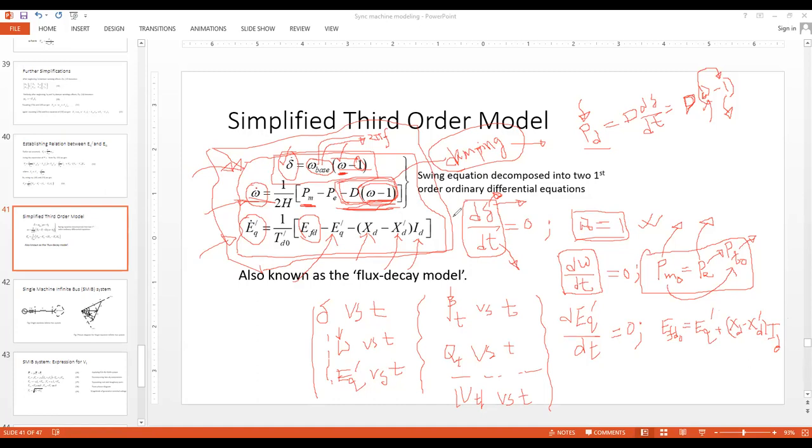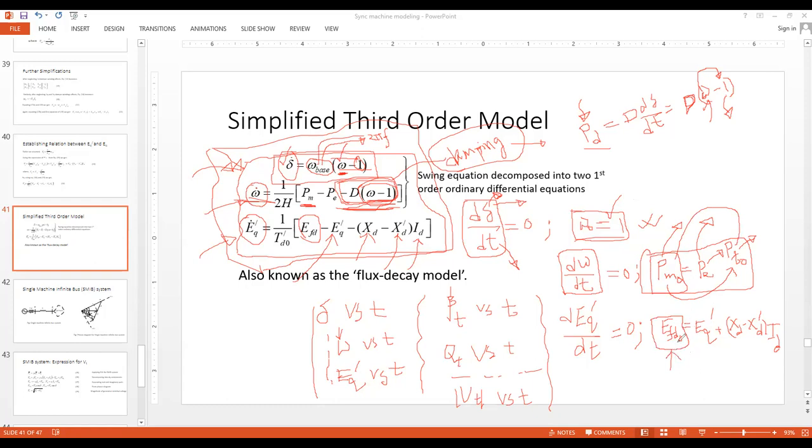So additionally, today, besides the previous calculation in the last class for initial condition, we have continued with that up to now. By doing that, we have got the initial value of the speed, that is our state variable. We have got the initial value of the mechanical input, and we found that it should be equal to the electrical power output from the synchronous machine. And we have also found the initial value of some scaled version of the VFD.